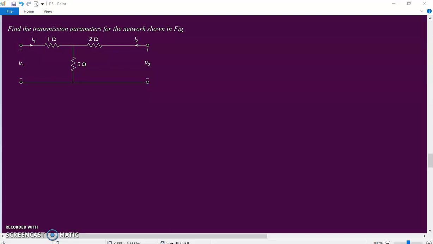Here what we have to do is draw the mesh current directions. We have to draw it like this. Now write the KVL equations for the two meshes.